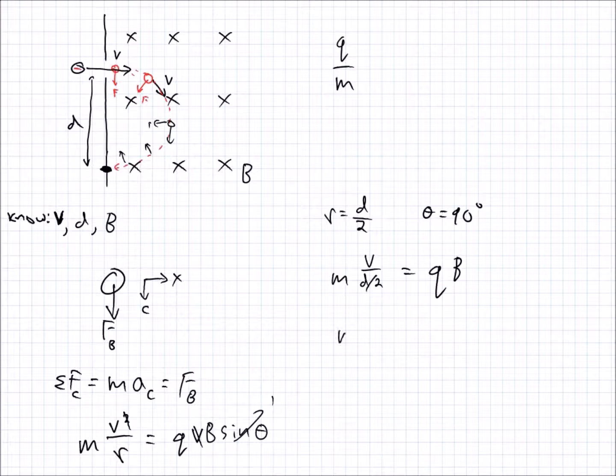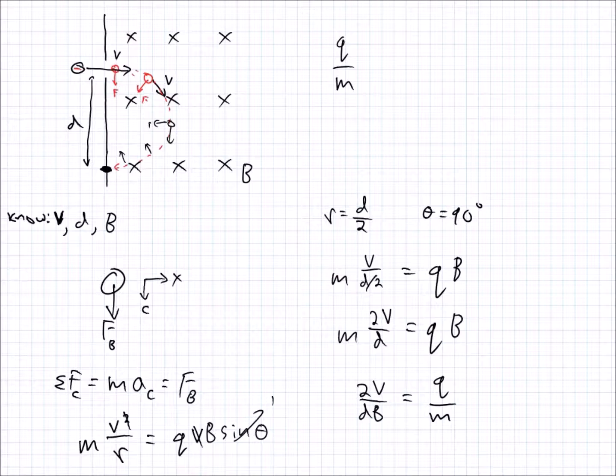This can be rewritten as 2v over d. And we just need to rearrange to get charge over mass. So I'll divide mass over that way, b over that way, and we get this.